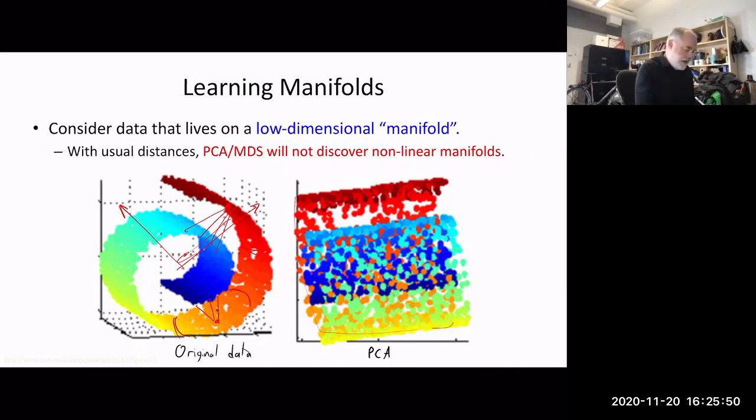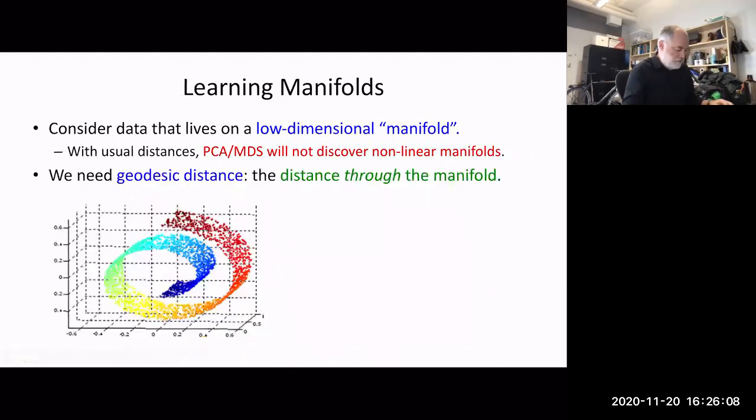It doesn't account for the fact that really the distance from here to here requires you to go all around this way, right? In Euclidean space, you have this sort of shortcut path, and that's no good. MDS is going to recognize that shortcut and try to match it.